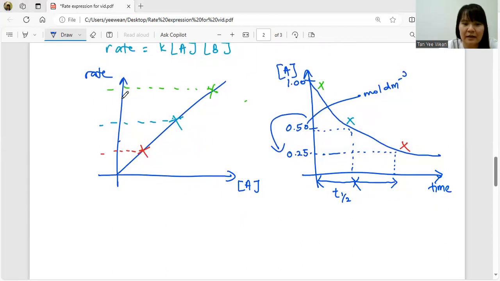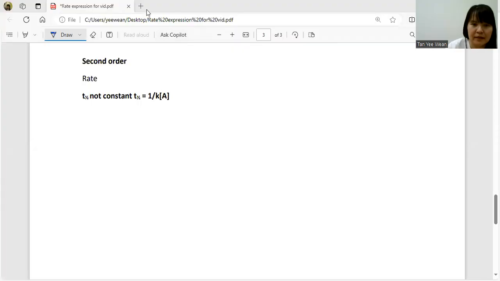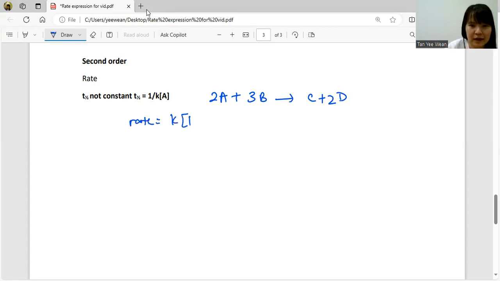Okay, that's for first order reaction. Let's look at second order reaction. Example, 2A plus B, let's say this is the stoichiometry, random there, and rate equals k[A] squared.